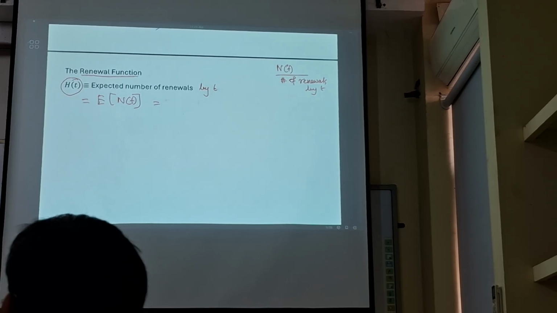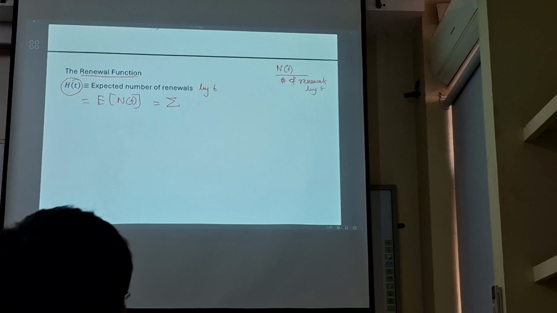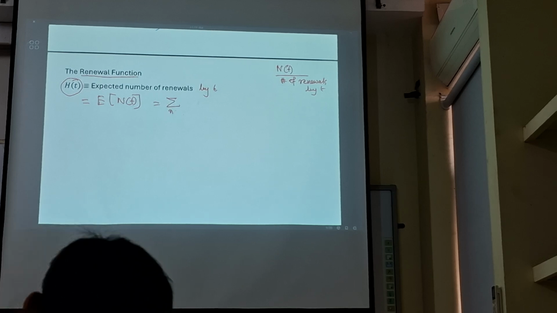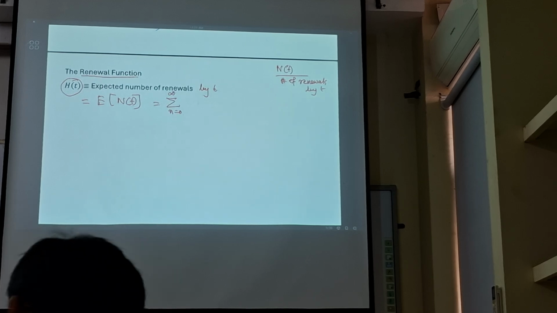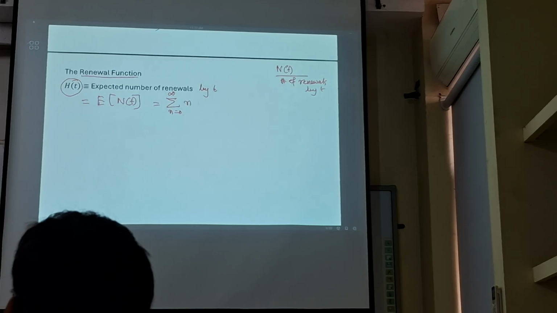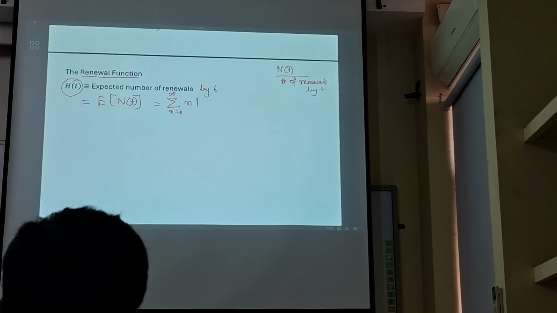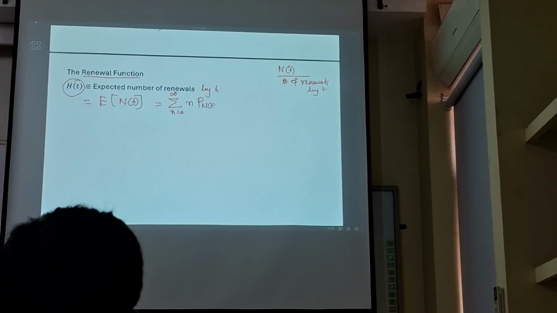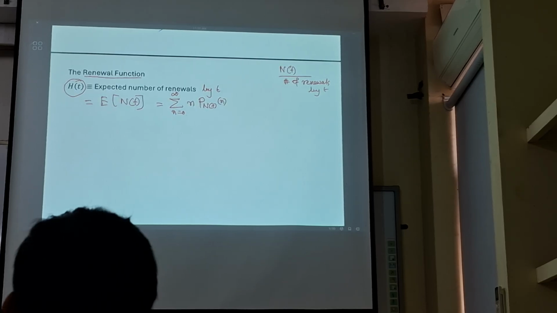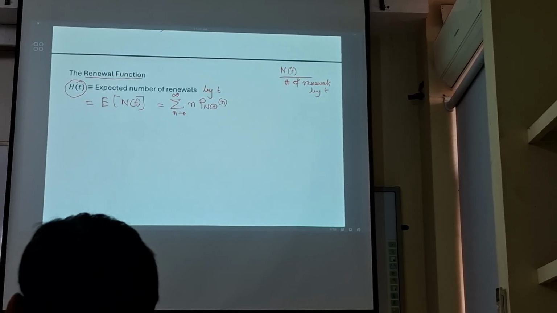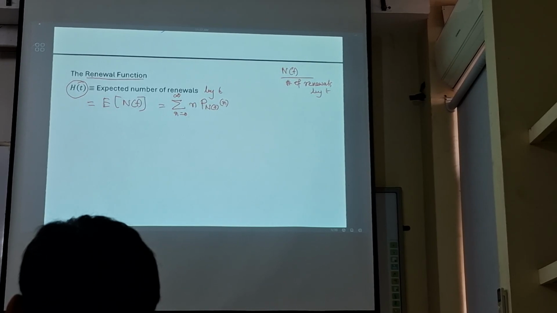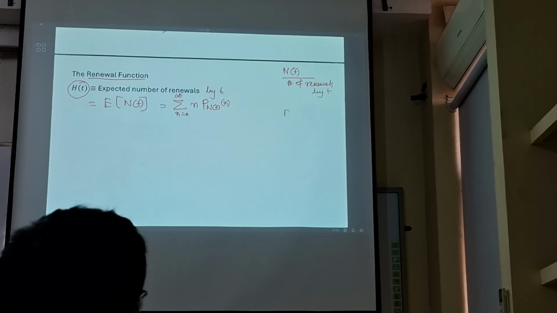This is for all values of n, that is n equal to 0 to infinity. What we need to do is multiply n with the PMF. This is the general equation for calculating the expected value, yes or no? What is the expected value of X?